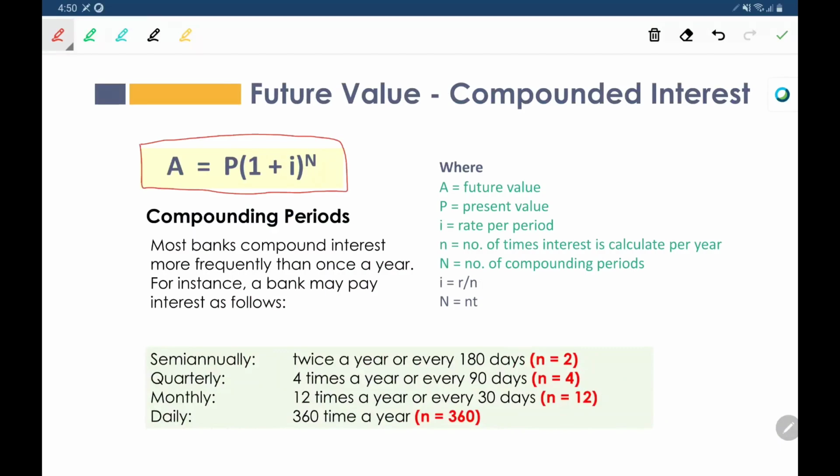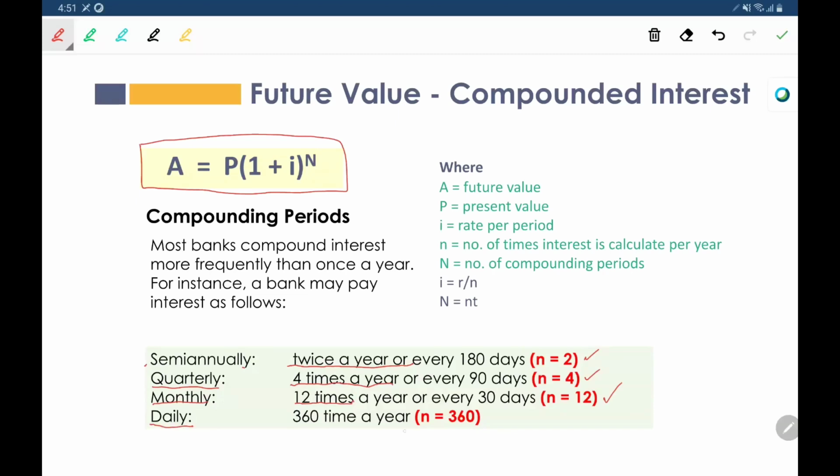If they say annually, it means the interest is calculated only once a year, so n is 1. If they say semi-annually, they calculate twice a year, and n is 2. Quarterly means 4 times a year, then n is 4. Monthly, there are 12 months, so n is 12.